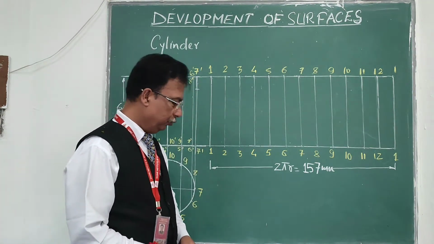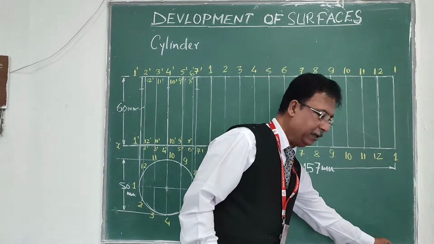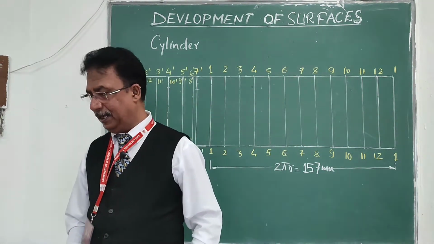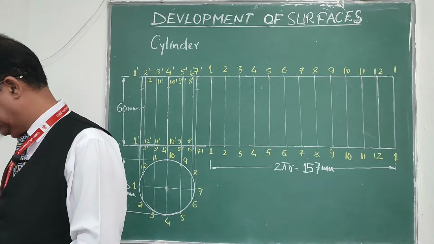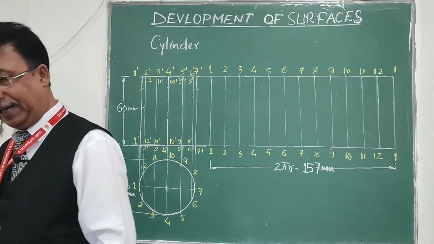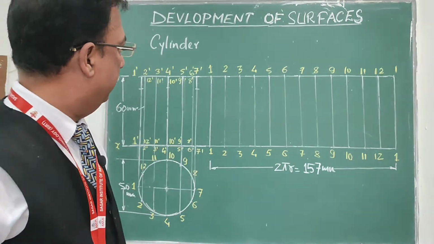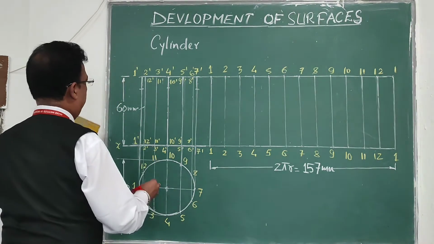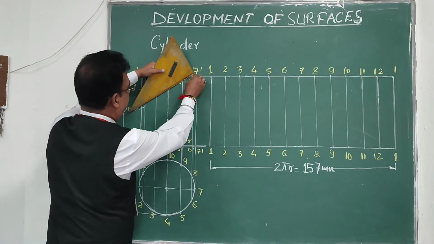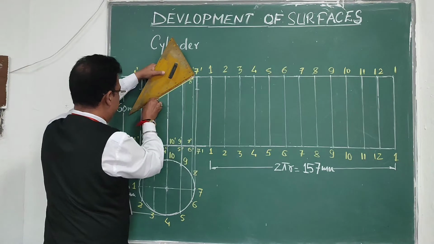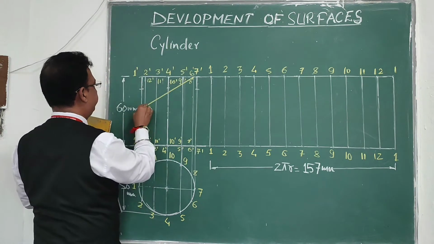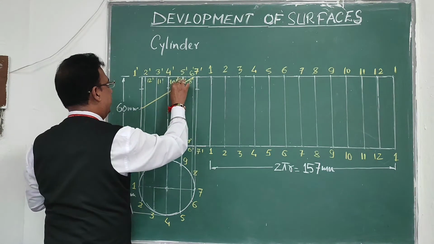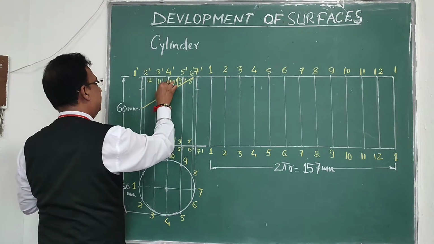Now I want to develop a cut cylinder. So I am going to cut this cylinder by a section plane, maybe like this. Look at the intersection. I am going to cut it like this from upside. I have taken this angle as 30 degree.